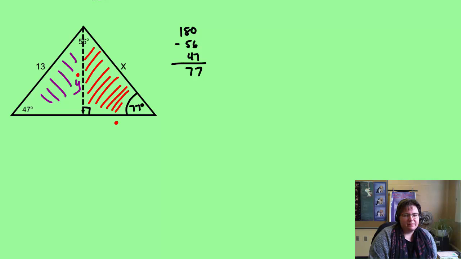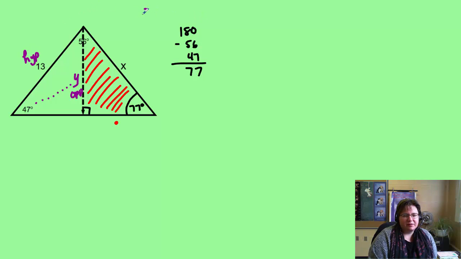So y is the height of the triangle. It's also directly across from the 47, so it's opposite. 13 is across from the right angle, so it's my hypotenuse.